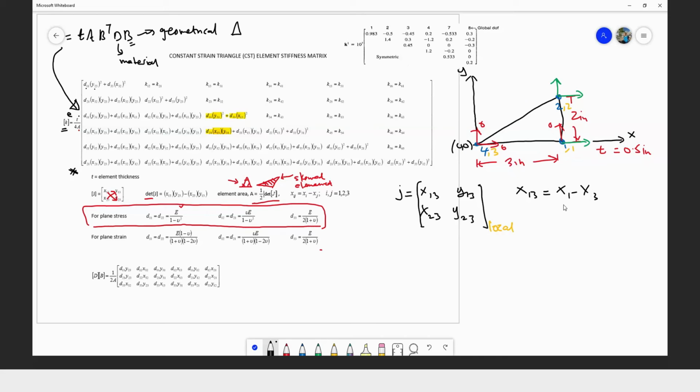x1 is 3, x3 is 0, so we have x13 equal to 3. And then we have y13, so y1 minus y3. y1 is 0, y3 is also 0, so you get 0. Then you have x23.